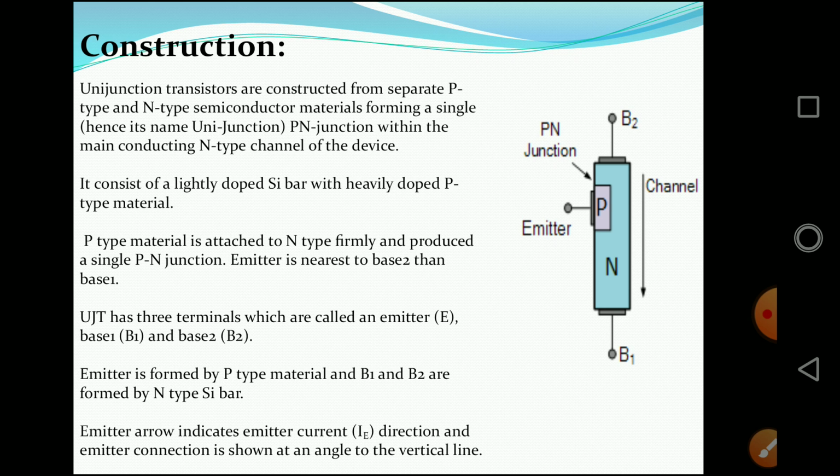Next, the N layer has two terminals. Here B1 and B2 are connected to the N layer and the emitter is connected to the P layer, which is near the base B2 terminal. Next, the emitter is formed by P-type material and B1 and B2 are formed by N-type silicon material, and there is an arrow indication on the emitter terminal.